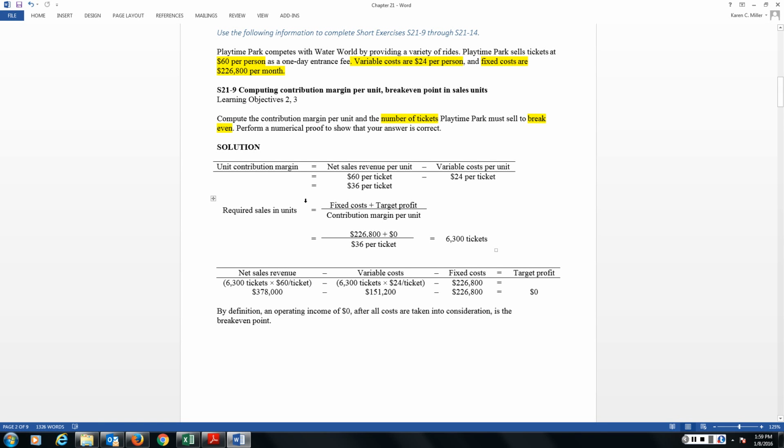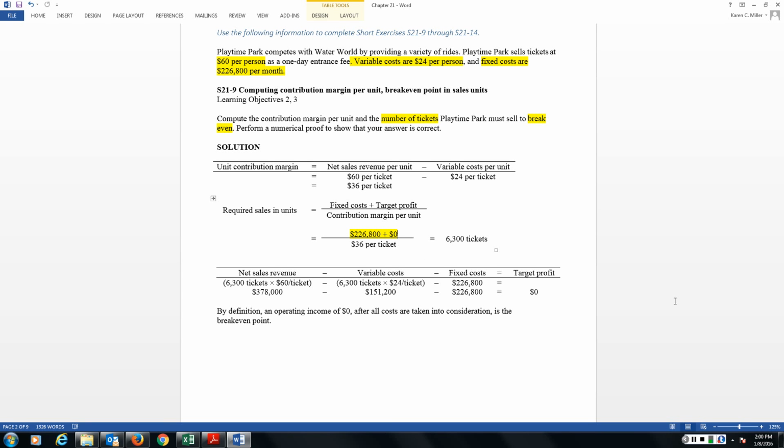We need to cover our fixed cost plus a target profit. Well, our fixed cost is $226,800. What is our target profit when we're trying to break even? 0. Break even is when my total sales cover my total cost. My target profit is 0 for break even.